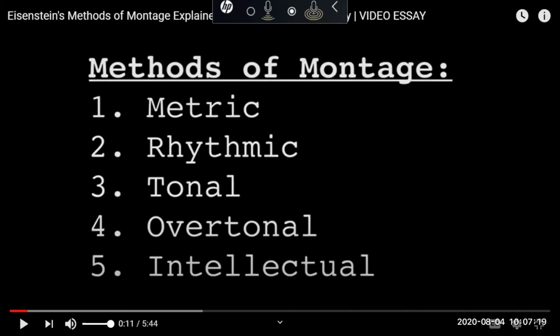So metric, rhythmic, tonal, and overtonal and intellectual montage are actually referring to the film language, which means that the filmmaker greatly believes that film language is also intellectual, right?